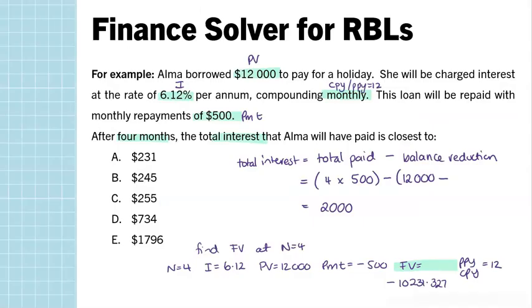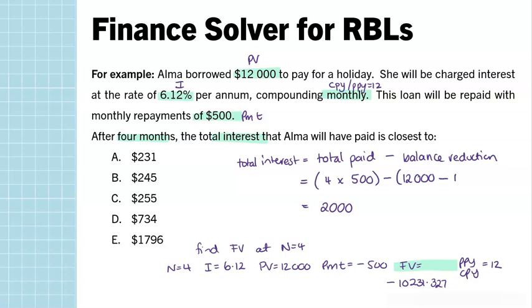Okay, so making note of that working that we've done. Note again, our future value is negative because Alma owes that money to the bank. When we're now thinking about the balance reduction, she started with $12,000.